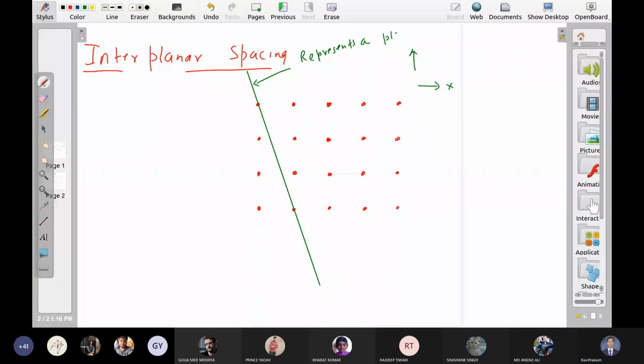I mean, if you see a plane from the z-axis, it will look like a line only. यदि कोई plane z-axis में है, this is x, this is y, this is z. यदि plane z-axis के ऊपर ही होगा, then it looks like a line only. What are the Miller indices of this plane? इसकी क्या Miller indices है?